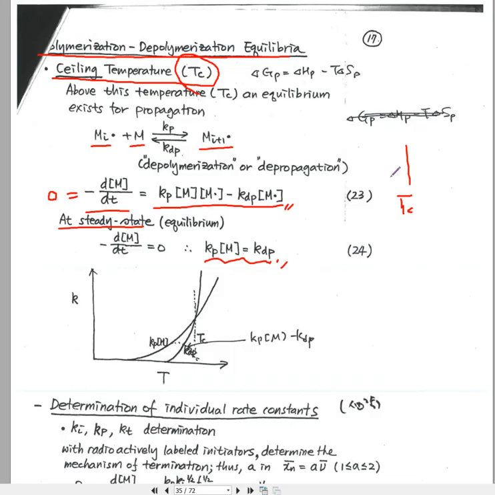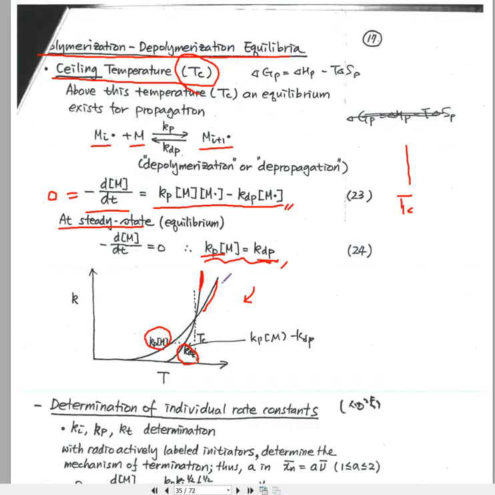On the other hand, above the ceiling temperature, the reverse reaction will be more favorable, right? And at equilibrium or at steady state, these two values are the same, as shown in this picture, right? So below this temperature, this forward reaction part is larger than the reverse reaction part, but above Tc, the reverse reaction is larger than the forward reaction.